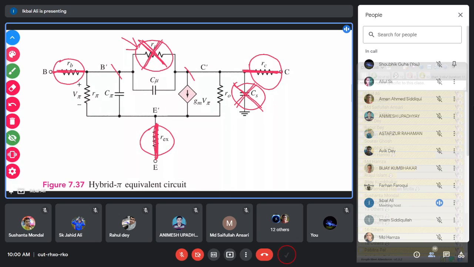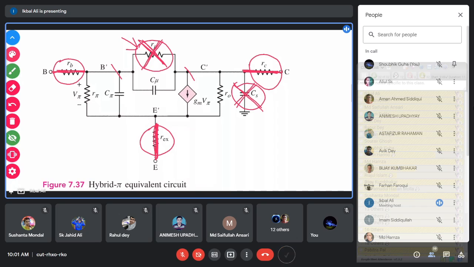Then the rest of the circuit will be a little bit simpler, and that is called the simplified hybrid equivalent model. With all this simplification, RB, REX, RC are zero resistance, R mu is infinite resistance or open circuit, and Cs is discarded, also an open circuit.